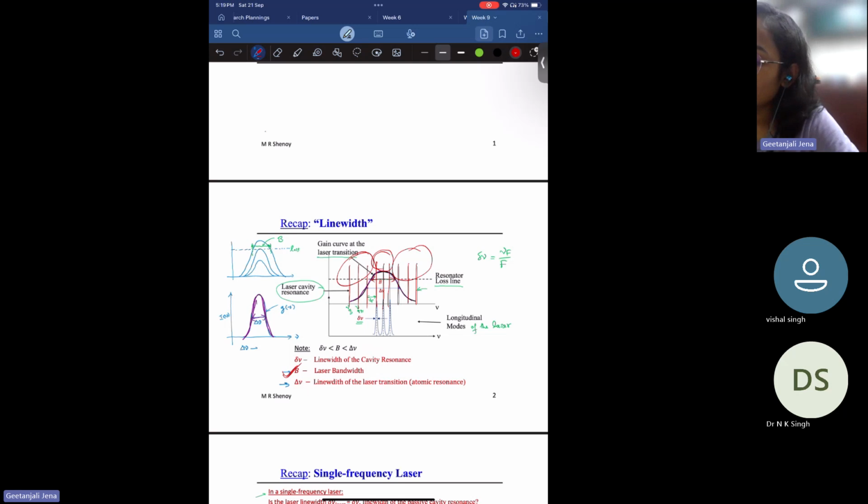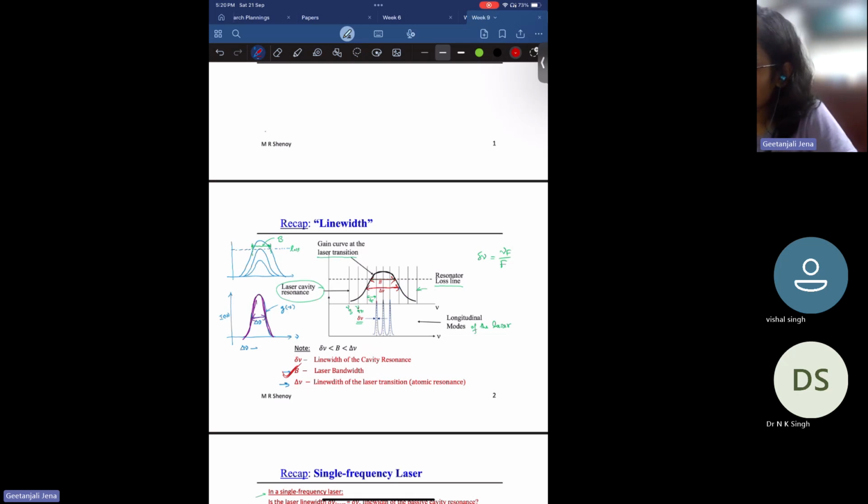The number of cavity modes passing through this laser defines the laser bandwidth, which is D. Another term is the line width of the laser transition, which is the full width at half of the maximum, delta nu.